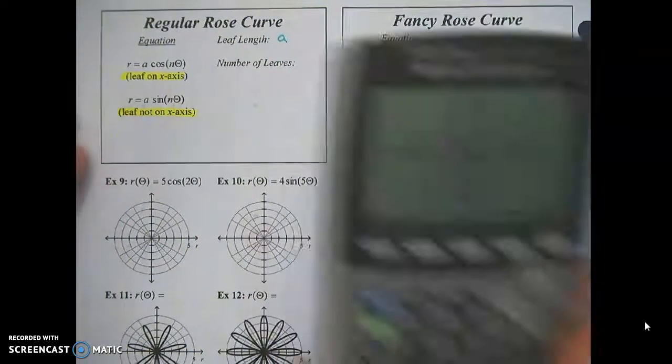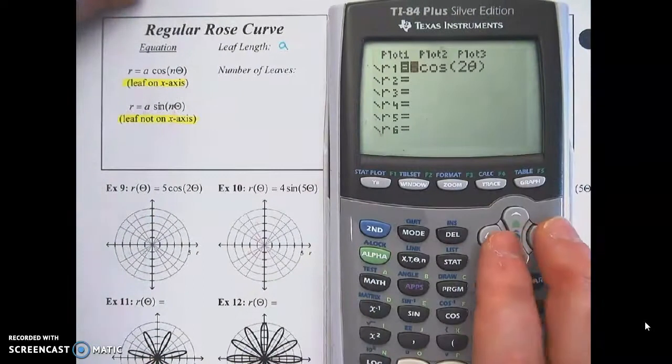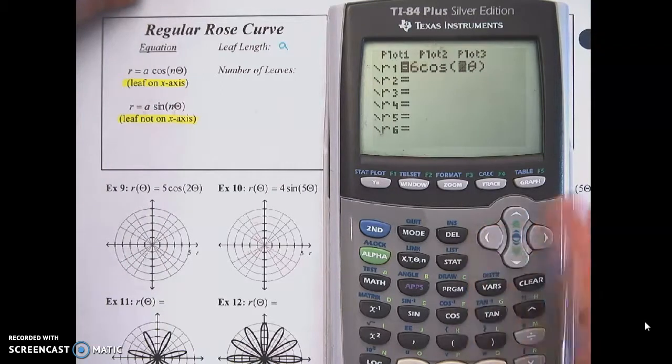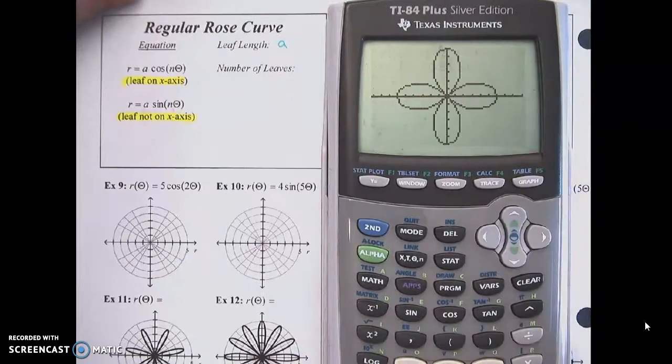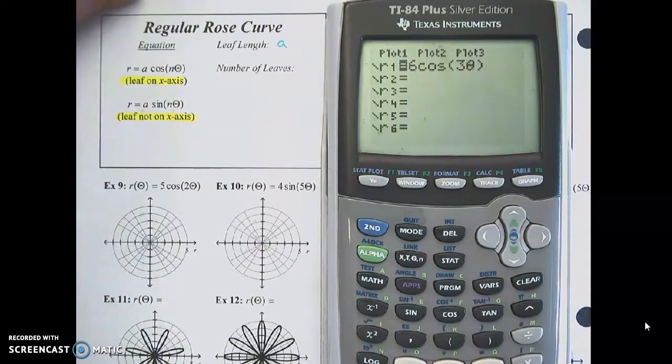And now, how many leaves? Is it always 4? Well, let's kind of mess around here. I have this, so 6 decided how far it was, so the only other thing is n. So your guess, that 2, if I graph it, it had 4 leaves. So let's take a guess here. How many leaves do you think 3 is going to have?